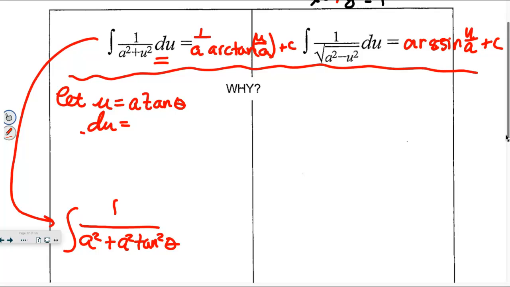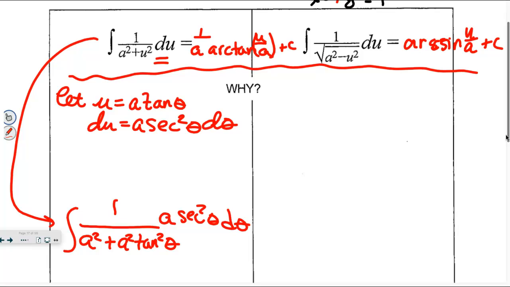It'd actually be du d theta, but what would the derivative be? Secant squared, right? And the constant would stay put. So my du can get replaced with a secant squared theta, and then we actually multiply that over. So when I go back to my original, the 1 stayed put, the a squared stayed put. I chose to let u equal this. Does that make sense? And then my du is going to be a secant squared theta d theta.